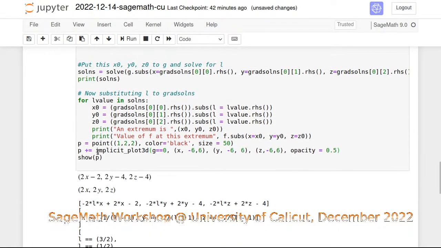Now let us plot one more point, to which the maximum axis.